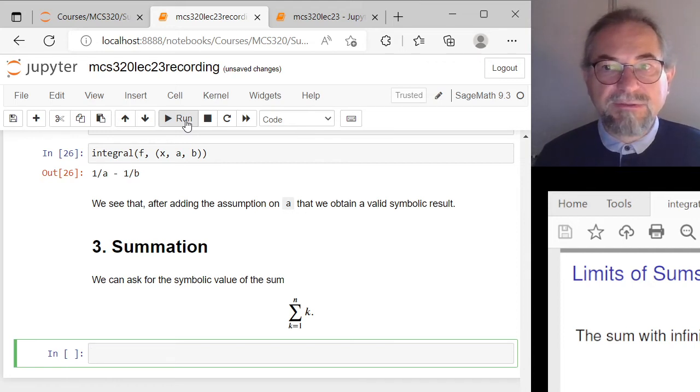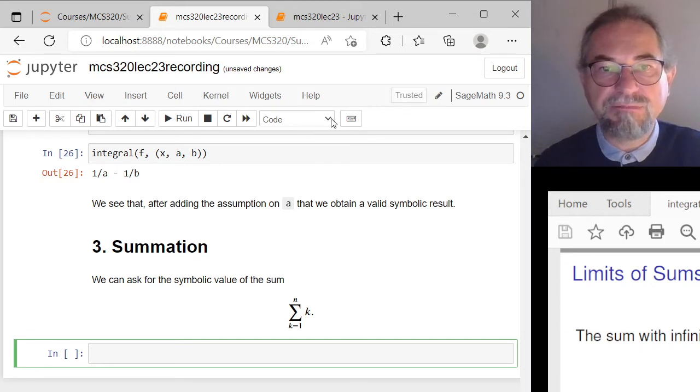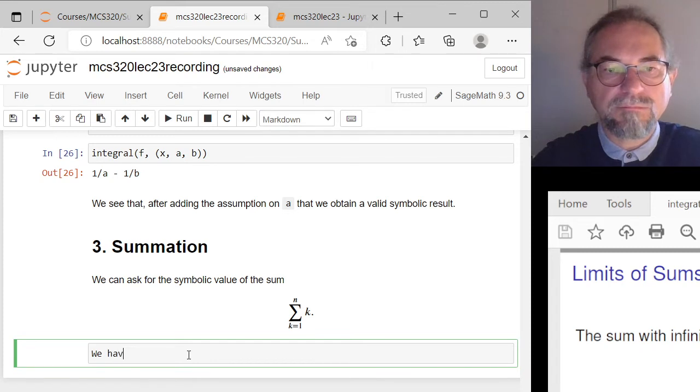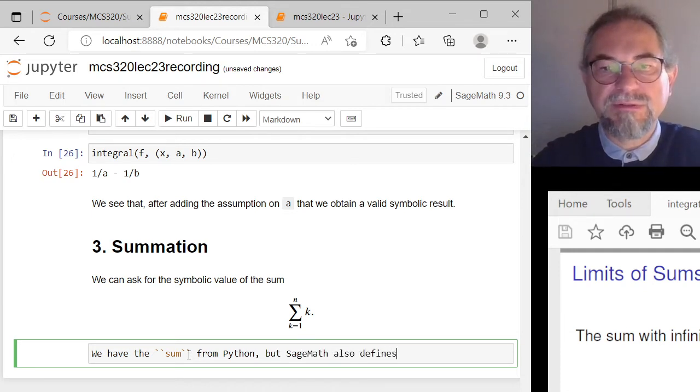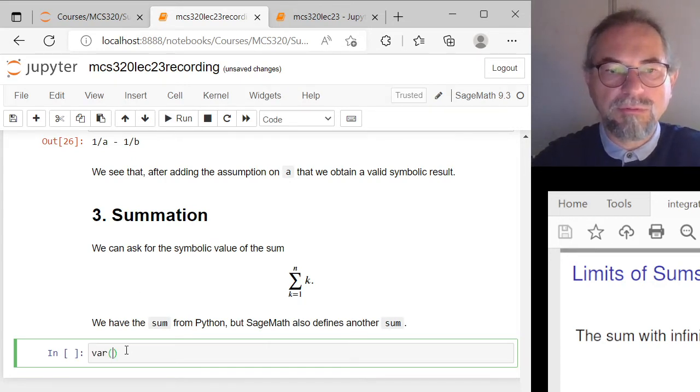Okay, so I can define this by the sum in SageMath. So we have the sum from Python, but SageMath also defines another sum, which I will demonstrate now. So I'm going to use that sum to write down the sum.